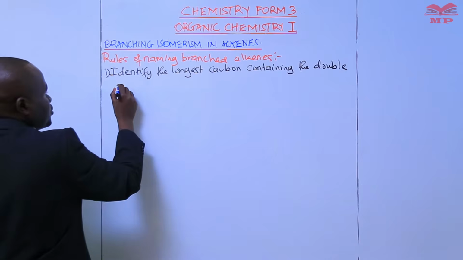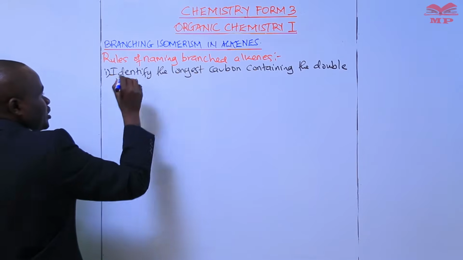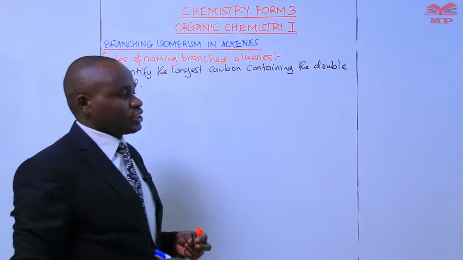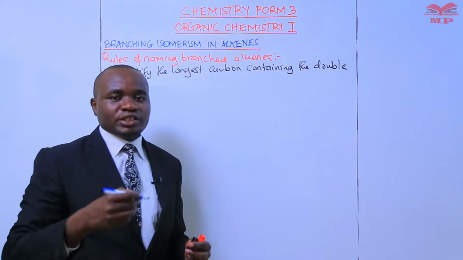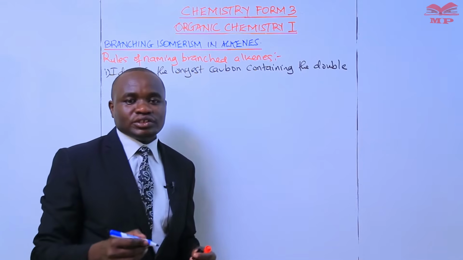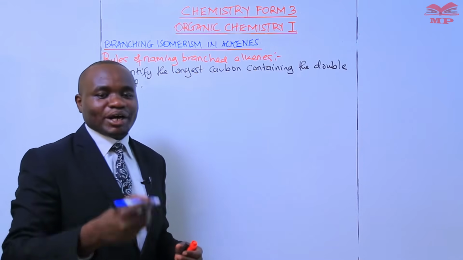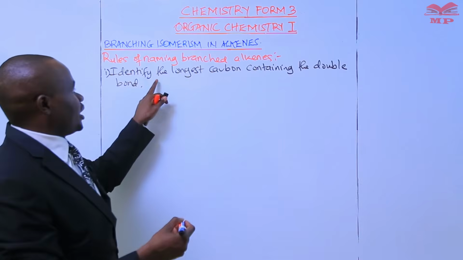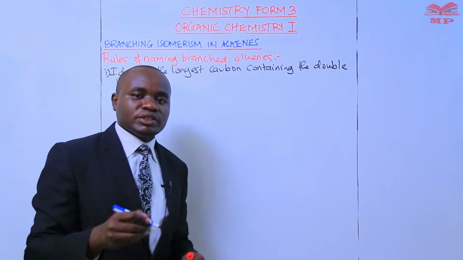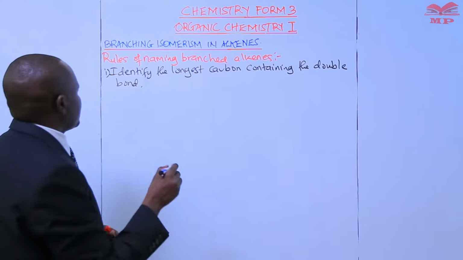That is the first thing you do. But as far as alkanes are concerned, we said the longest carbon chain is the one that contains the branch, that contains more carbon atoms. But for the case of alkenes, the longest carbon chain is the one that contains the double bond.